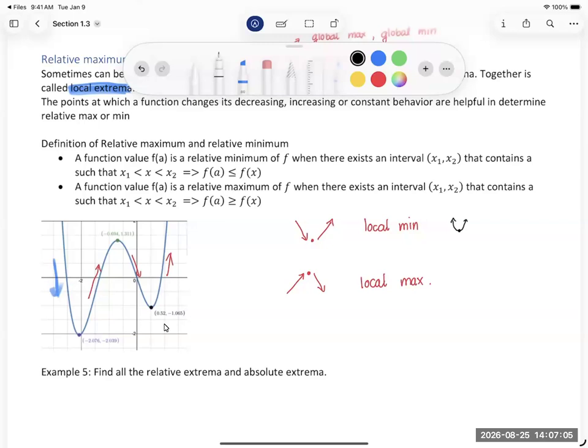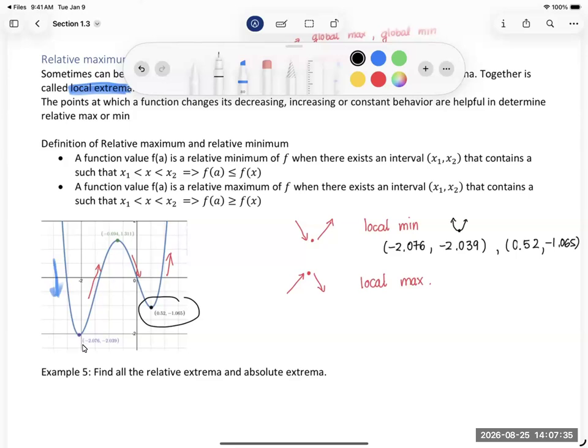So my local minimum is at the point negative 2.076, negative 2.039. And another local minimum is right here: 0.52, negative 1.065. So what does that mean?